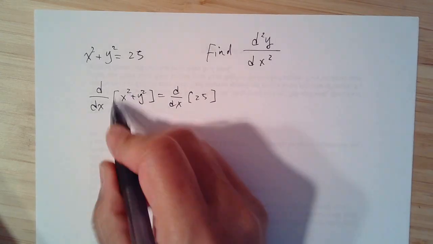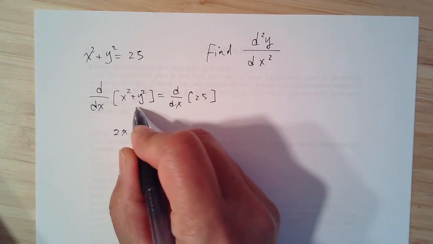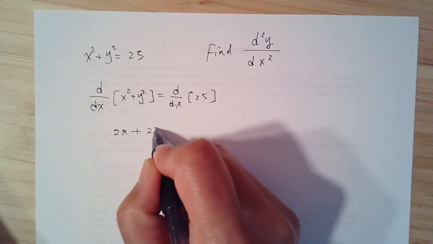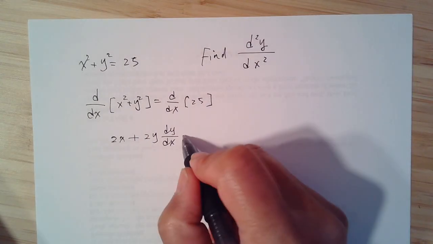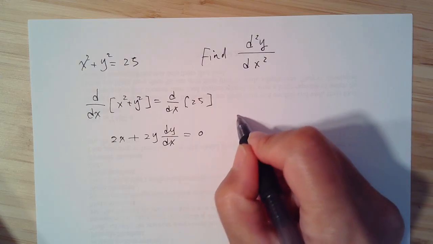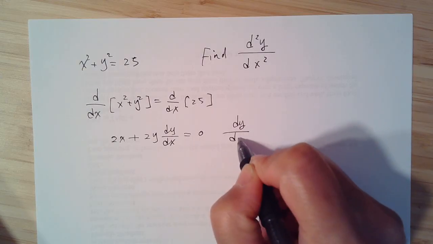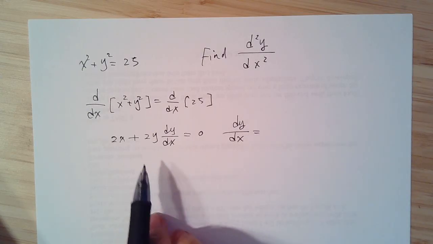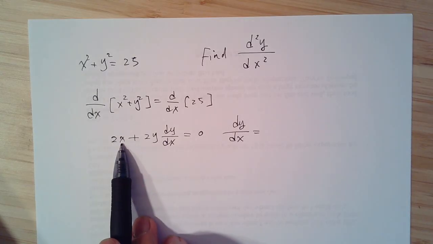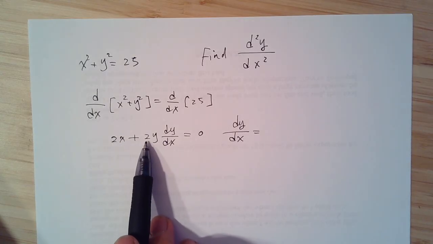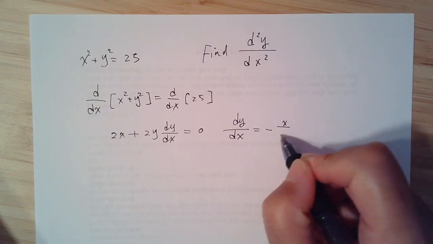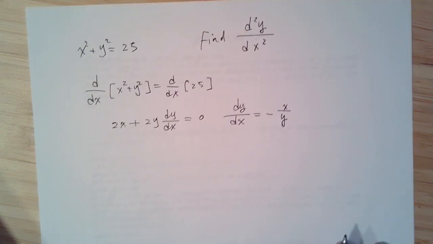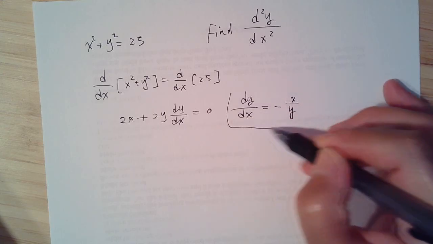This one, the derivative is 2x, and this one by chain rule is 2y times dy over dx, and the right side is 0. So I get dy over dx equals, I subtracted 2x, then divided by 2y, and get rid of the 2, so I get negative x over y. So that's the first derivative.